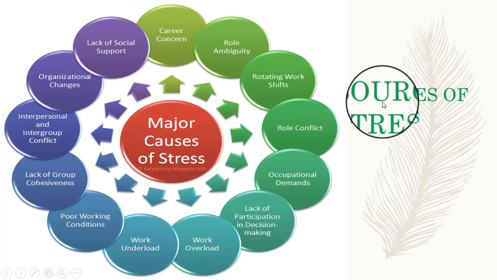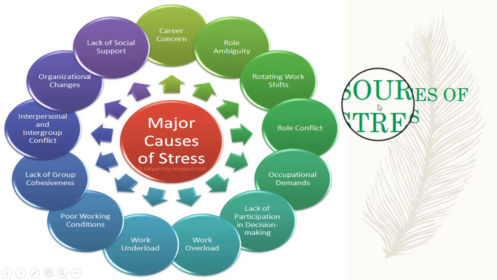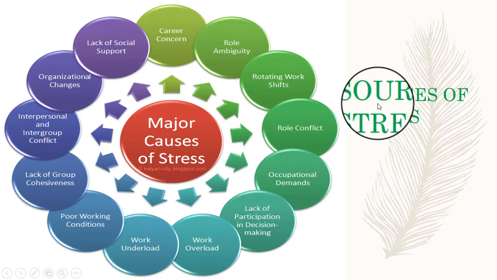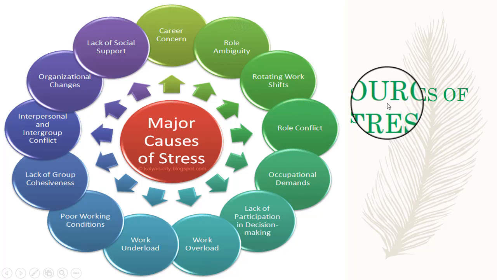Here we have financial problems, relationship problems, work. So this is a socio-cultural source of stress. Now next, environmental stress. That is heat, cold, noise, traffic, pollution, and many more. So this was all about the various sources of stress.